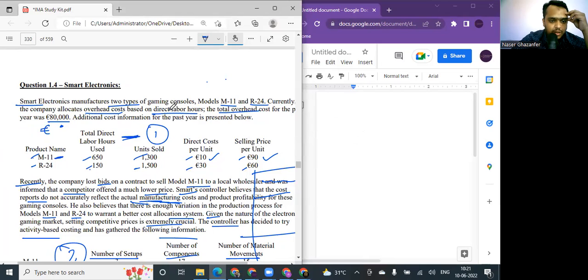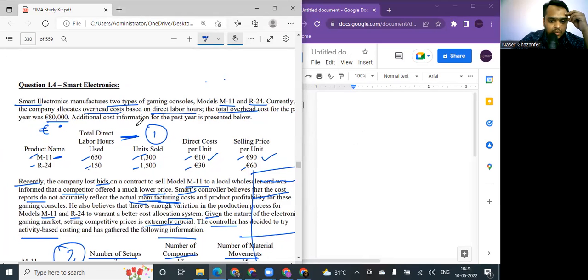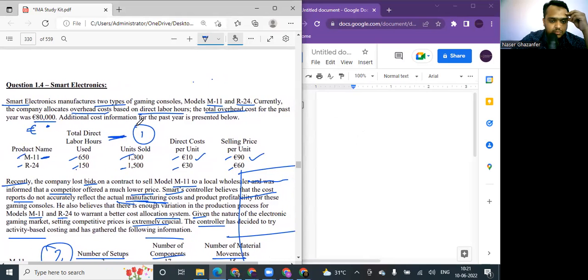Now if you see, if you have to calculate the gross margin, we have to find out what? You have to find out the selling price. Then we have to find out the direct cost.